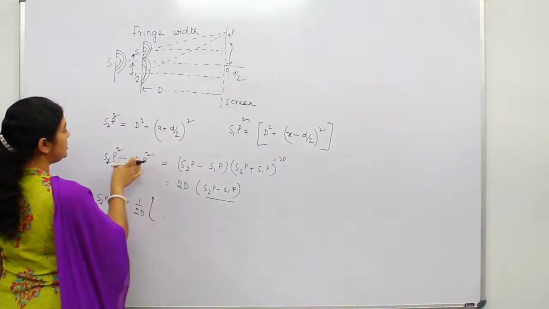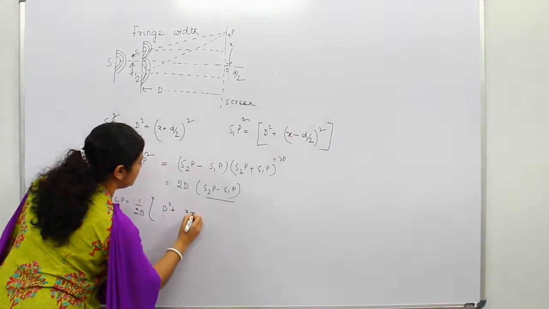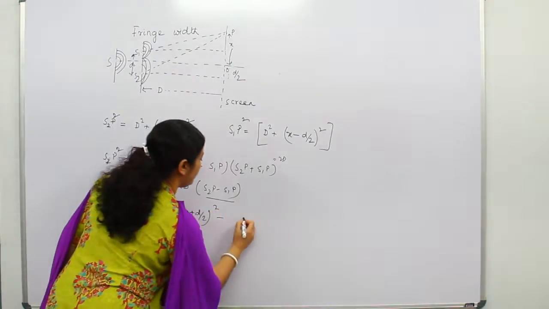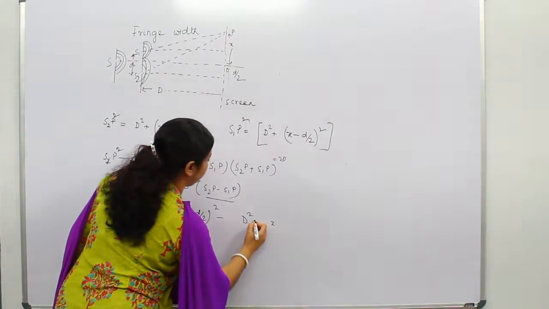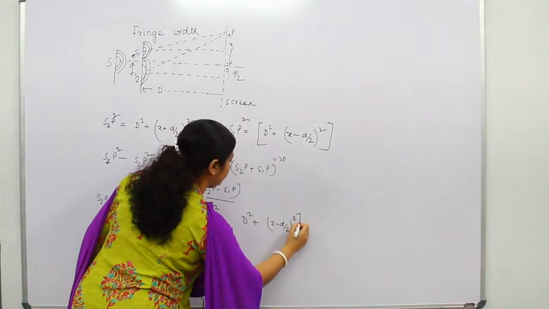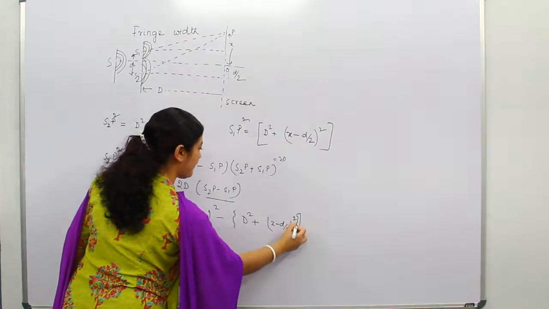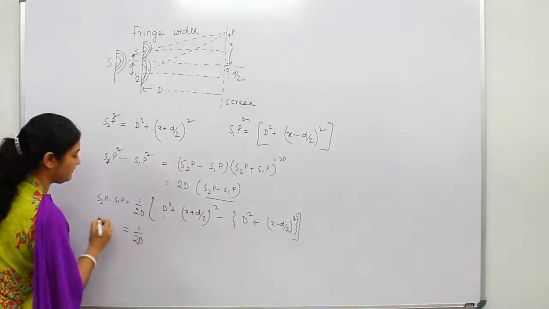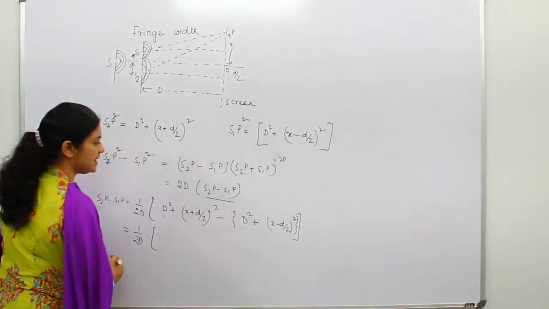Here if we put these values, we will get d square plus this square, and this square and this square cancel.